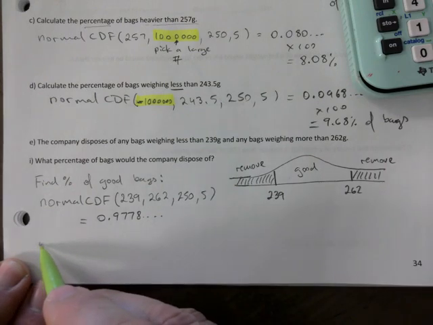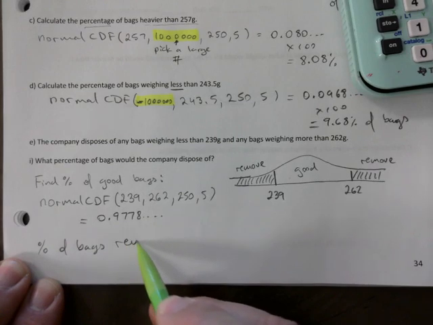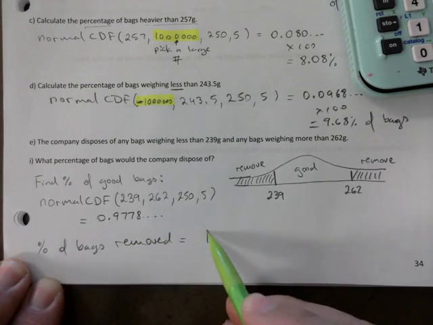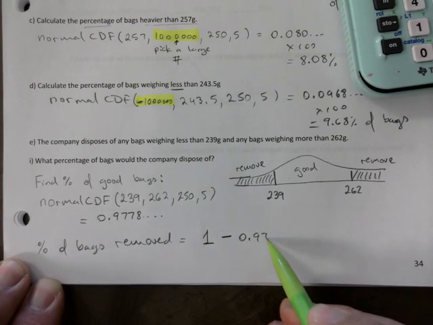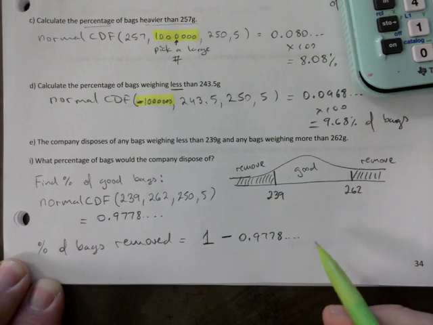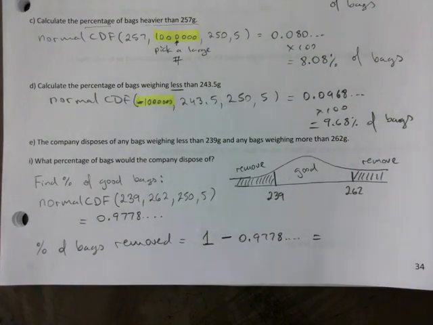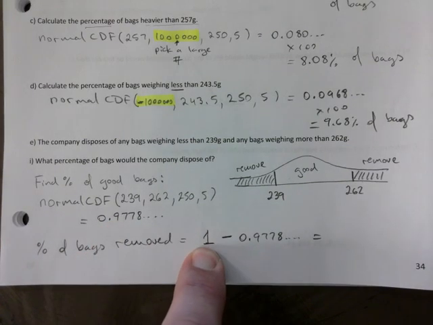So percentage of bags removed or discarded would be 1 minus 0.9778 and something. I don't go 100% because I haven't turned my answer into a percentage yet, so I just keep it at 1.